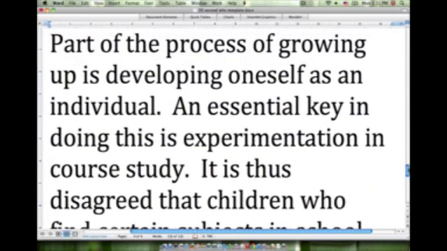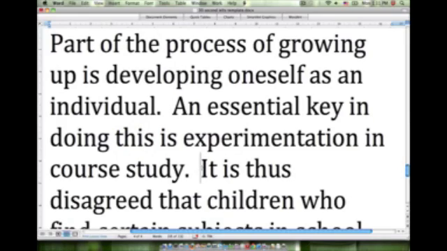Before we go on to our outline sentence, I just want to point out a few things I've done here, which you've probably already noticed. I'm trying to include cohesion so that my ideas link together as you read through the sentences. Firstly, we had an opening sentence. In the second sentence, I used the word this, so an essential key in doing this, which refers us back to what was said in the opening sentence.